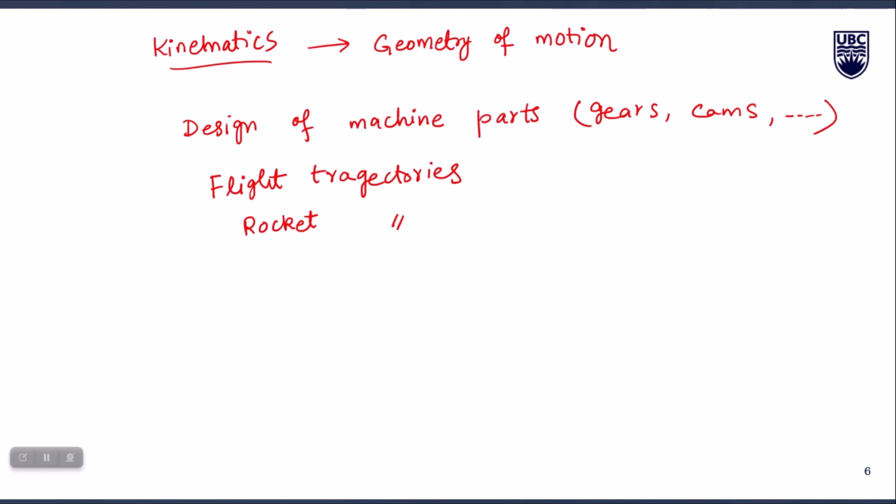And you can also think of several other applications where a certain object or particle is moving in a certain path, and you are interested in calculating its velocity, acceleration, and some other parameters without reference to the force which is actually producing that motion, right? We will be discussing some of the numerical problems that will also highlight the applications of this topic.